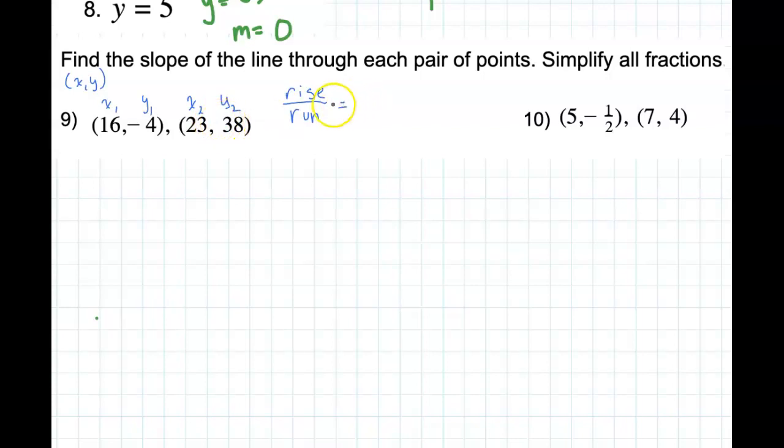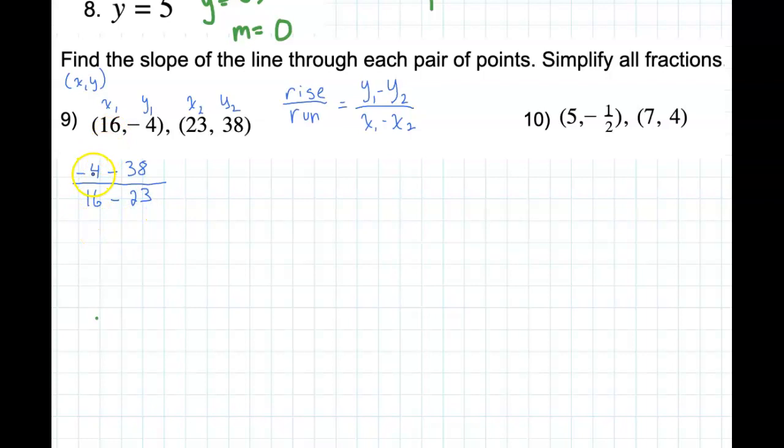I want to find the difference in the y values. So that's just y1 minus y2. That's going to give me my rise, right? And the difference in the x values is the run, the horizontal, right? So x1 minus x2. Good. Now that I've labeled these, and it's quite important to do that so that we can keep track of things, I have -4 minus 38 over 16 minus 23.